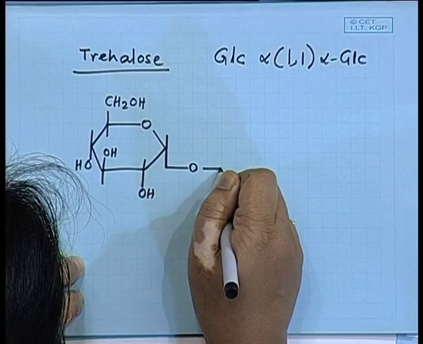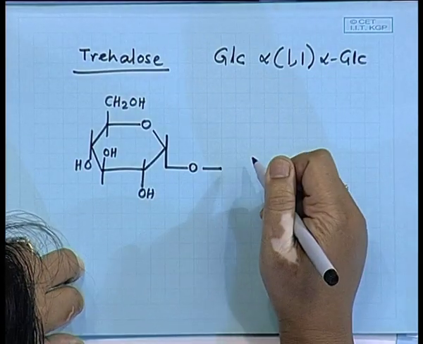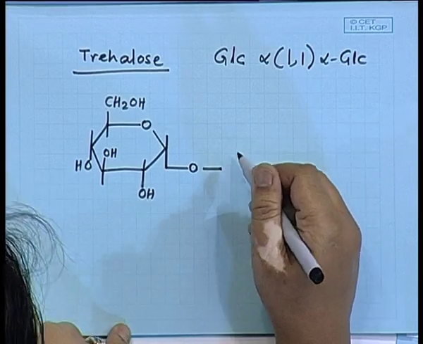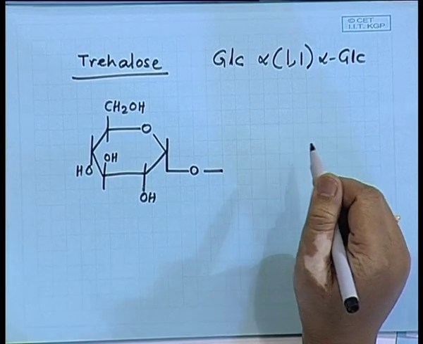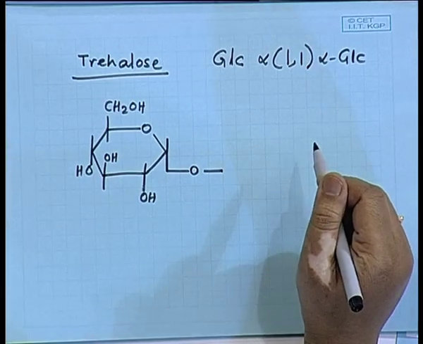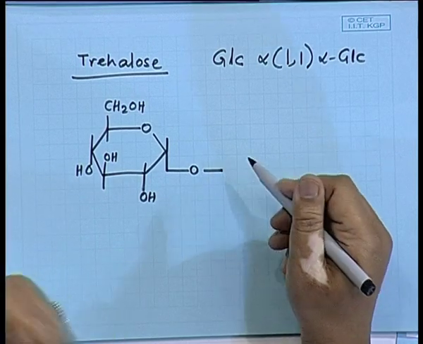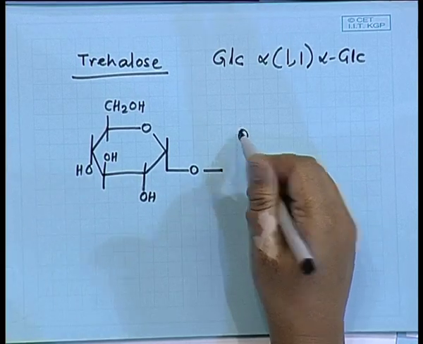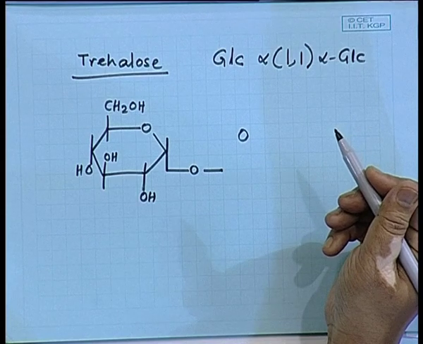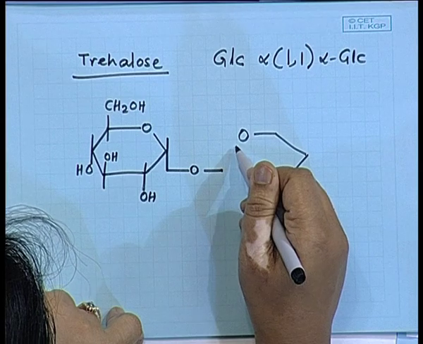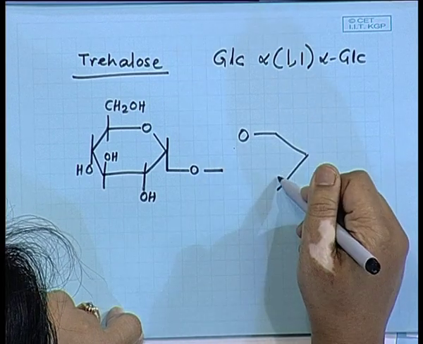Okay. Now, what happens to the other one? How do I write this? Now, I have it linked to number 1. So, my oxygen has to be, where does my oxygen have to be? It has to be here, right. And where is my CH2OH?